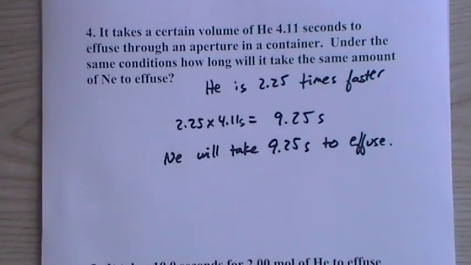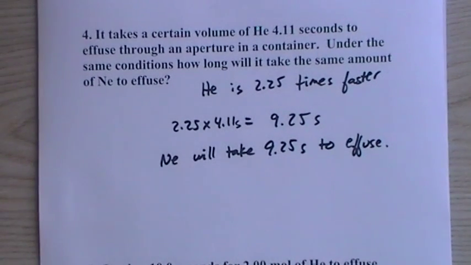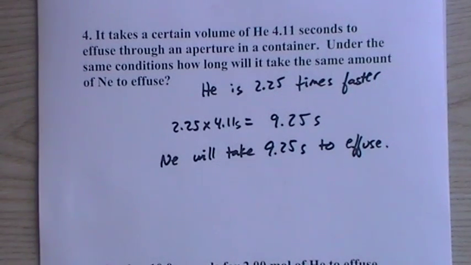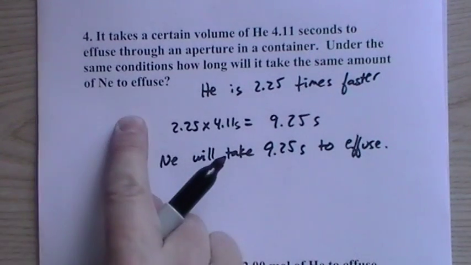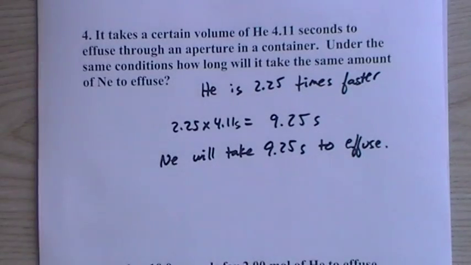You can certainly work it out in other ways, but if you just think about it logically, helium will effuse 2.25 times faster. That was what we found in the last problem. So however long it takes helium to effuse, neon should take 2.25 times longer to effuse. If we had been given the time for neon, we divide by 2.25.